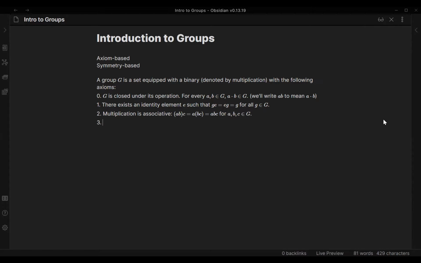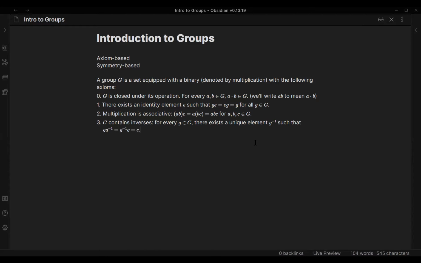And then finally, G contains inverses. For every G in the group, there exists a unique element, G inverse, such that G times G inverse equals G inverse times G equals the identity.